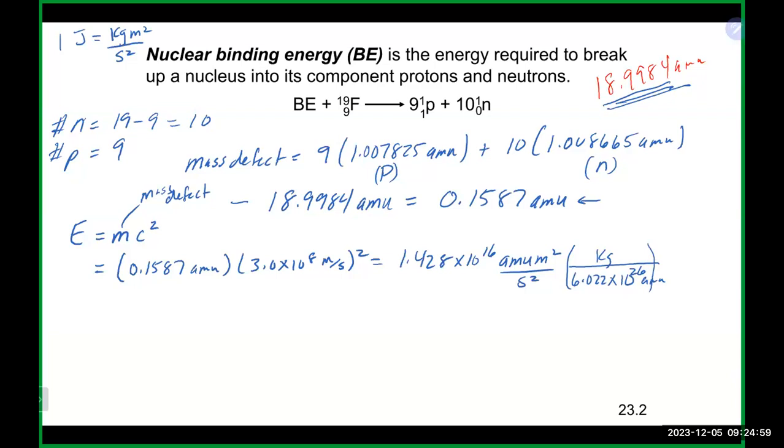See what I did there? So the AMU will cancel out, so Avogadro's number to the 26 will get you to kilograms. And if we do that and divide by 6.022 to the 26, not 23, that will give us 2.37 times 10 to the minus 11 kilograms meter squared per second squared, which is the same thing as a joule.